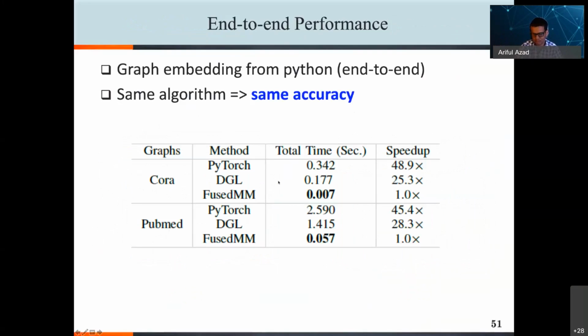And if I write everything from scratch in PyTorch, it can be even worse. PyTorch is slow, Deep Graph Library improved some of them, but by fusing operations and then optimizing them, we can get significant speedup, sometimes 45x speedup with respect to PyTorch.